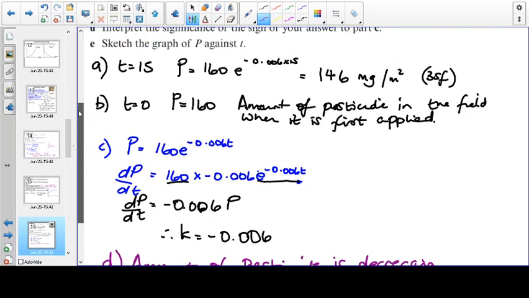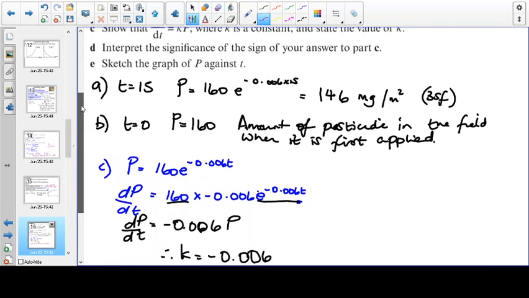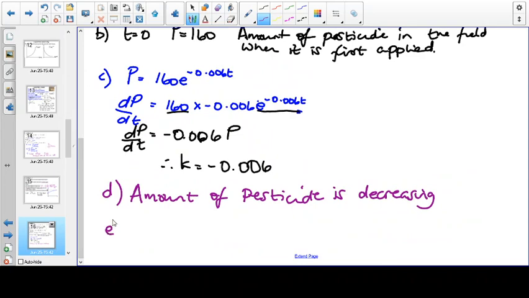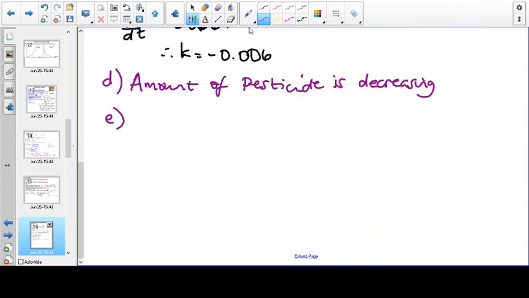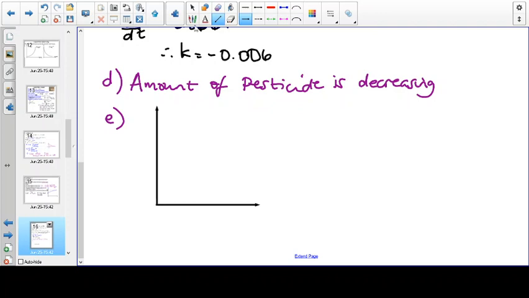And then the last part, sketch the graph of p against t. So sketch the graph of p against t. And we only need the first quadrant. So there's p, there's t.